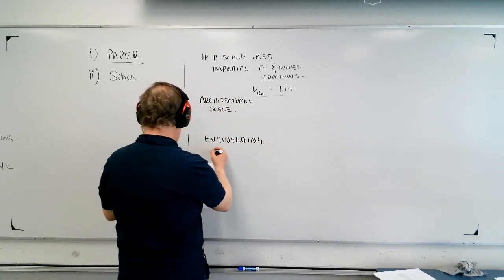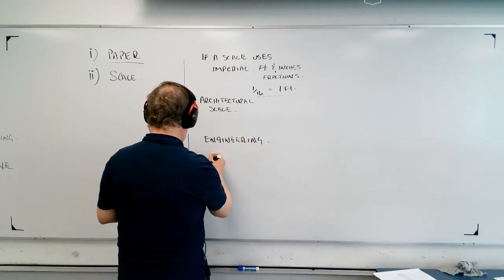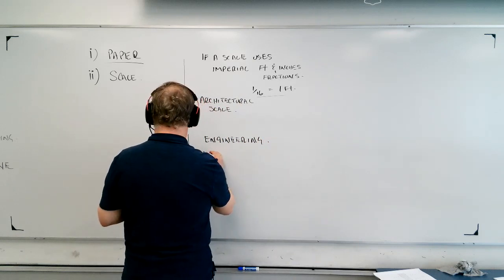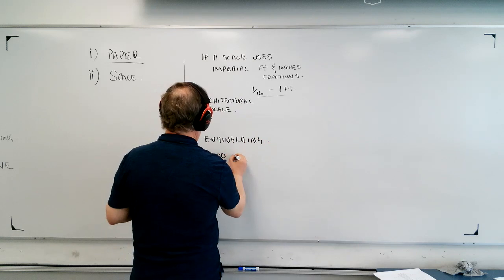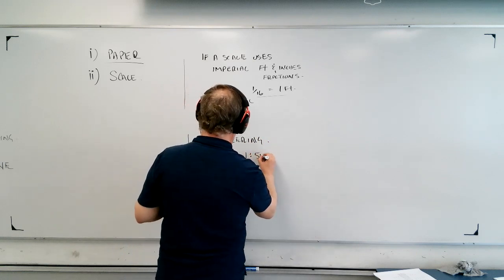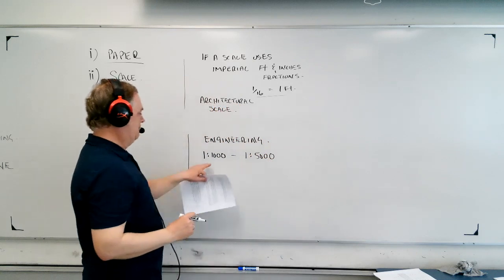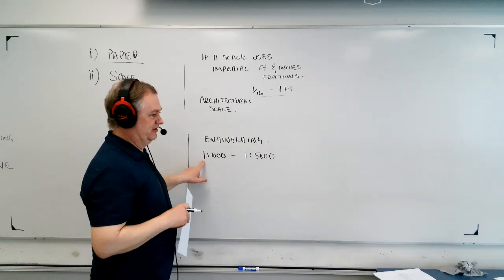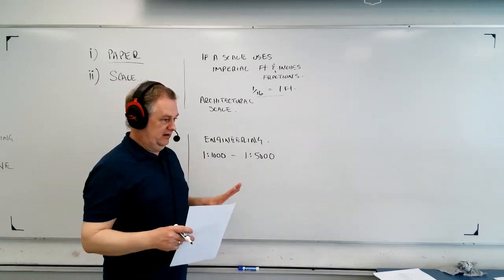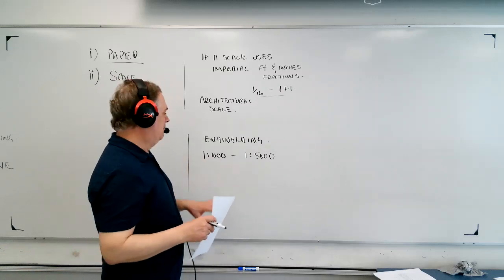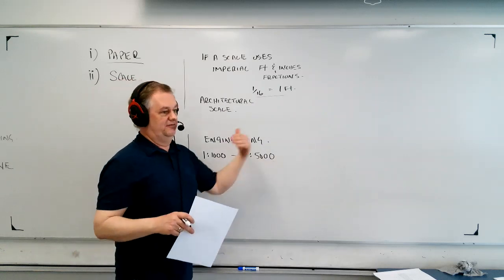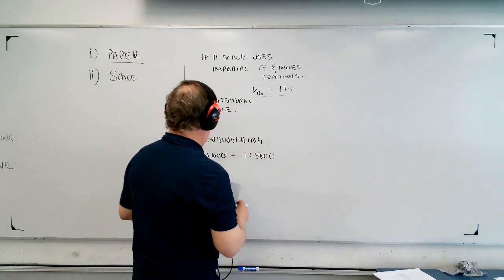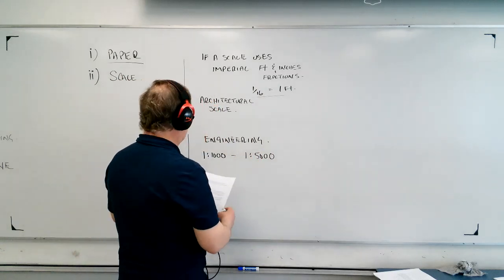So you could be talking about hundreds of kilometers involved in the scale of a drawing. These are usually in scales of 1 to 1,000 up to 1 to 5,000. Okay, so large numbers, but actually very small scale. This means that the actual object on your drawing is very, very small compared to the reality of the actual distance involved out in the real world. Okay, and so that's called a very small scale.